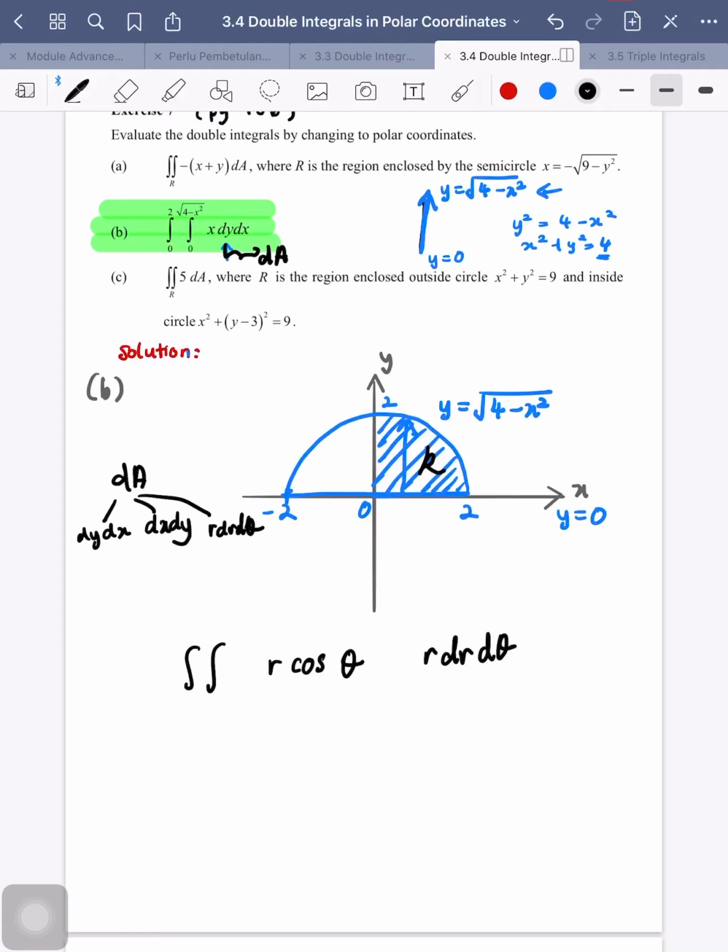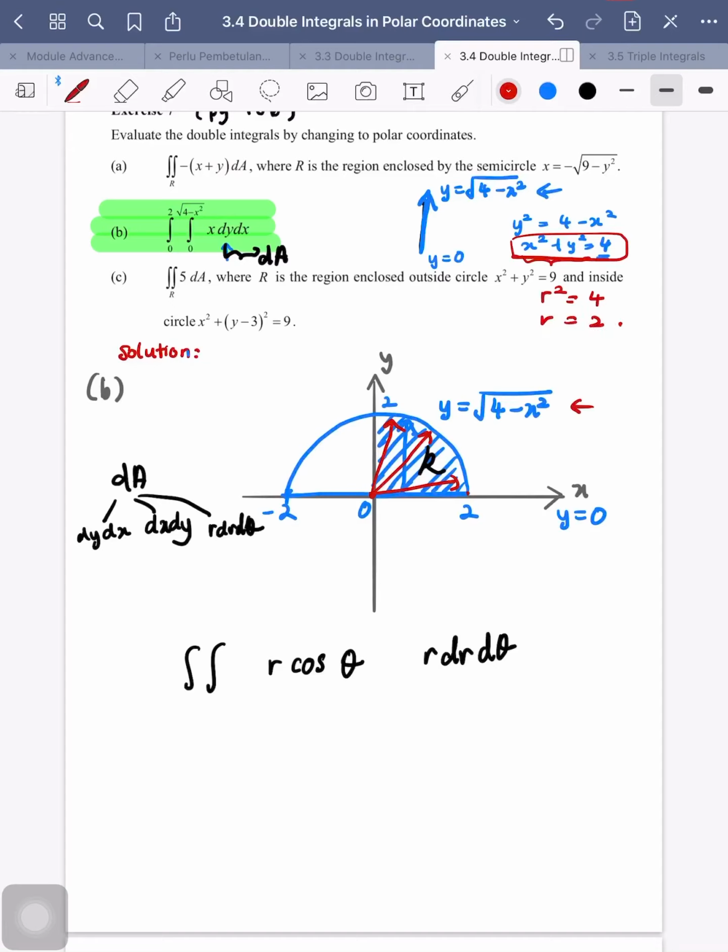Okay, so the limit for r, you look from center to outside, you find 0 until this line. This line, if you rearrange, you will get x squared plus y squared equal to 4. So I change into polar: r squared is equal to 4, r is equal to 2.